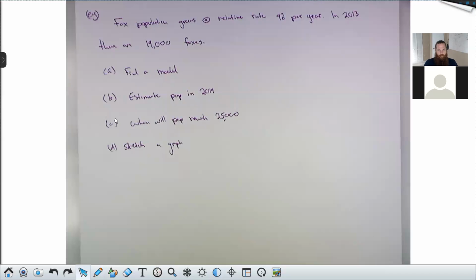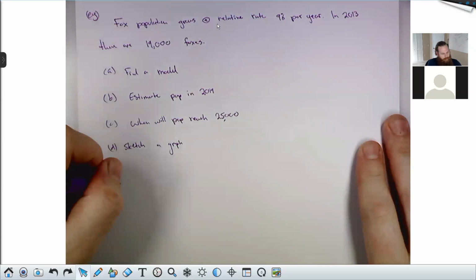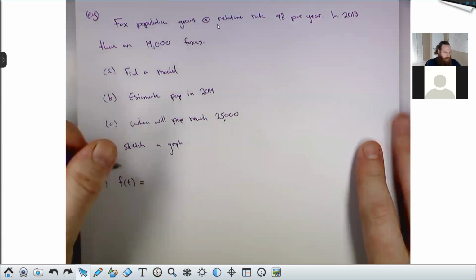Since I'm told that this is a relative growth rate, I know I need to use that formula. So for part A, I'll begin with the formula. I think I called it f of t. You can use whatever label you want.